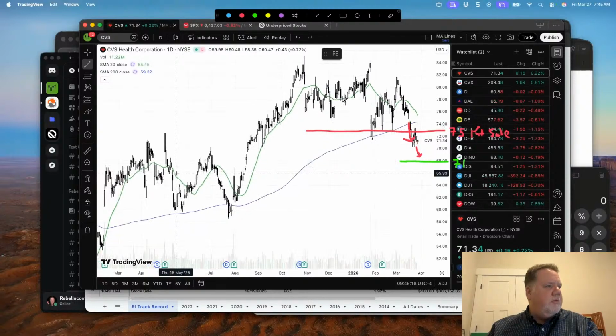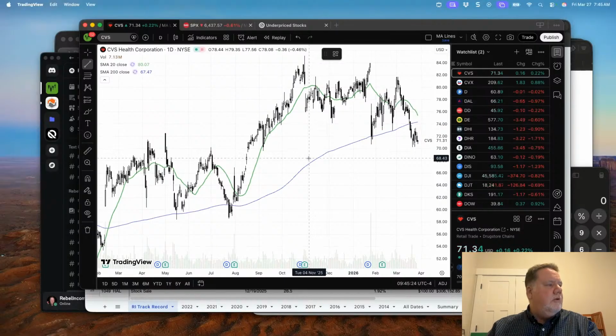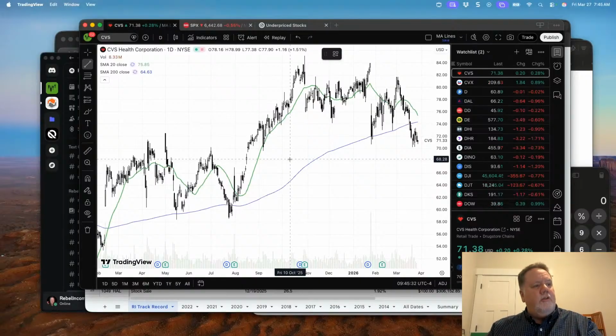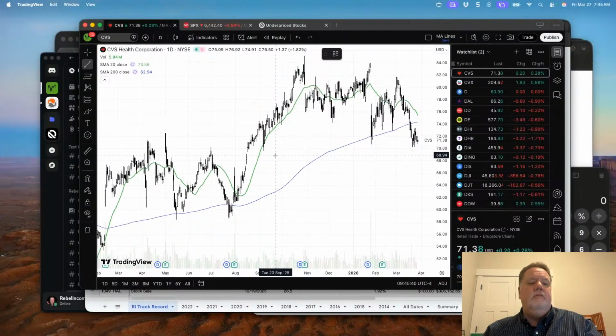Maybe go back a little bit further. Okay, so it looks like if this doesn't hold, we're looking at a stabilization somewhere between 69 and 68.